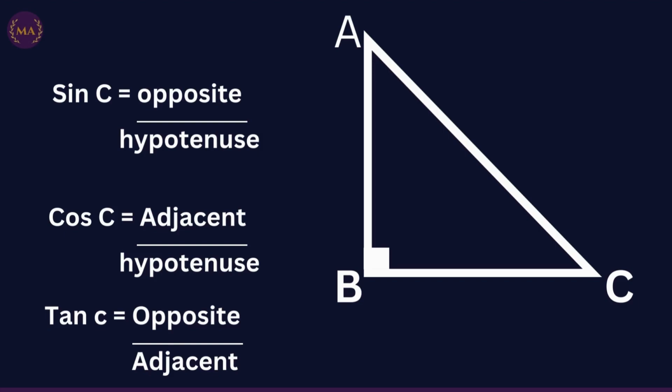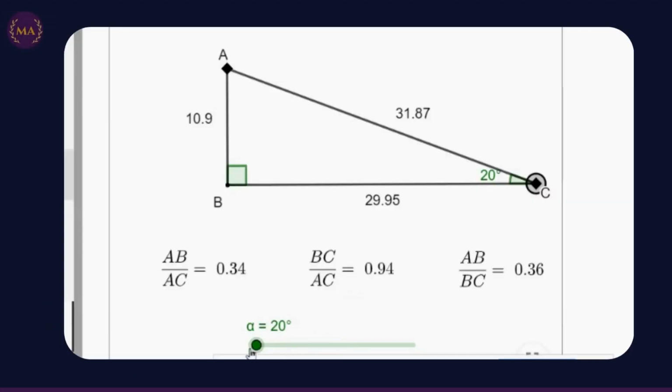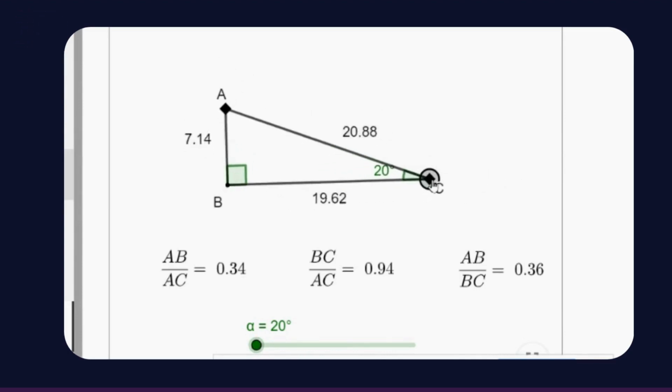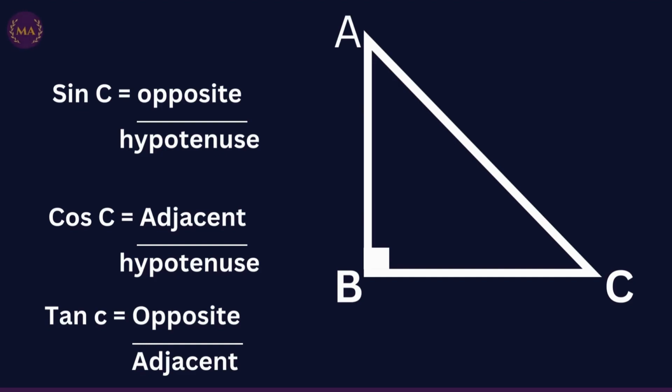But if I keep the angle fixed, suppose 60 degrees, and you take a triangle with different sides, but the angle C is again 60 degrees, my angle C is 60 and your angle C is 60, then the ratios will remain the same, as we have seen in this simulation. If the angle is fixed, the ratios remain the same no matter if you change the length of the sides of your triangle. Same thing we are applying, and then we get trigonometric ratios.